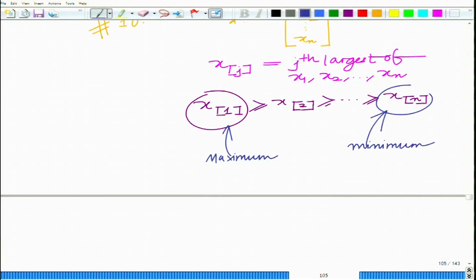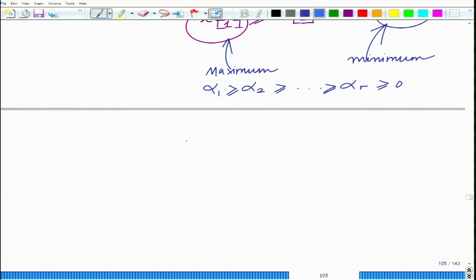And let us assume the non-negative coefficients alpha 1, which are again arranged in decreasing order, such that alpha 1 is greater than alpha 2 greater than alpha r greater than or equal to 0.